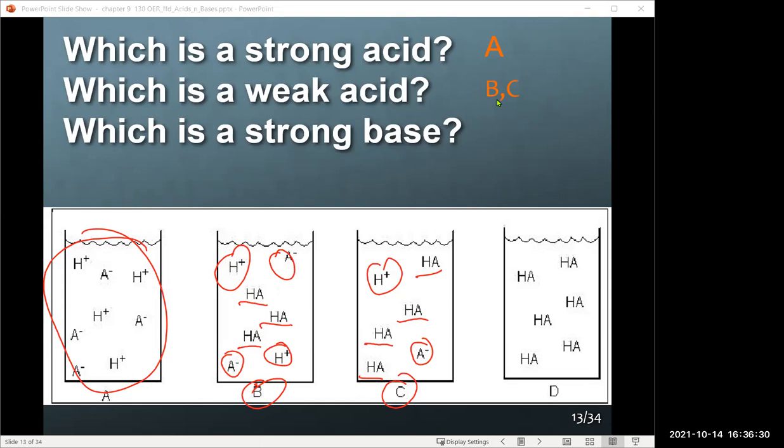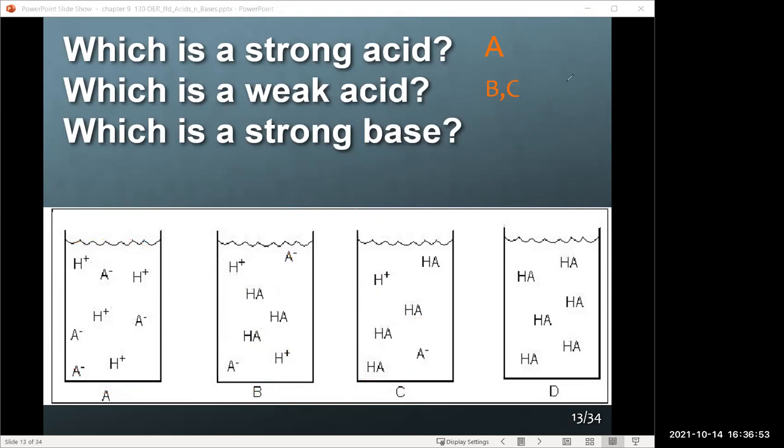Now, if I needed to compare just B and C, can I make the comparison? Can I determine which one would be the stronger acid just between B and C? What could I use to help me determine which one?